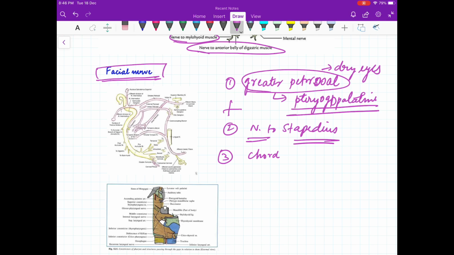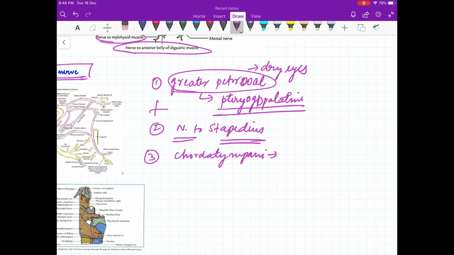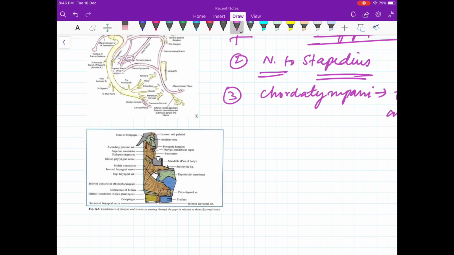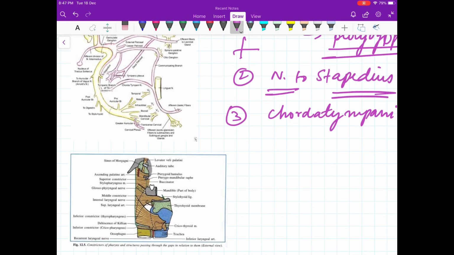Third branch is chorda tympani nerve, which carries taste sensations from the anterior two-thirds of the tongue. Okay friends, and it comes out through the base of the skull, and it gives branches to the various muscles of the face.